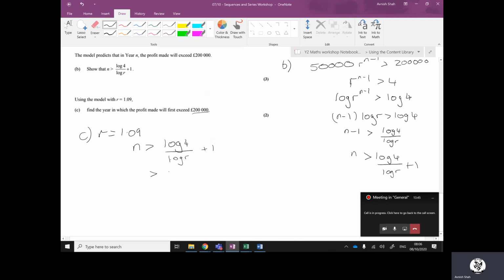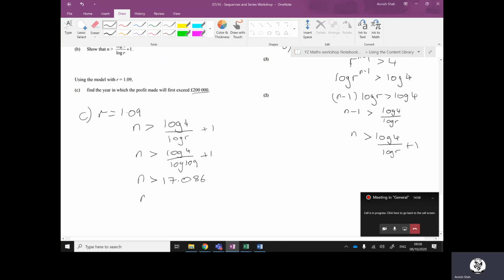So you can plug in 1.09 into this. And if we work that out, we get N as greater than 17.086. N has to be bigger than this, so that means N has to be 18.